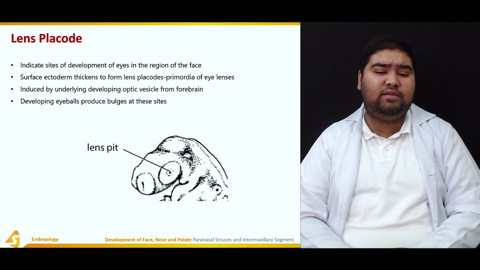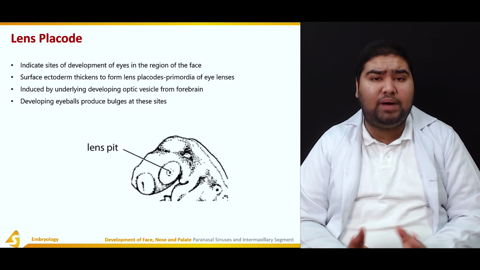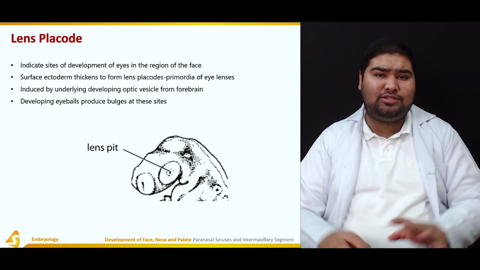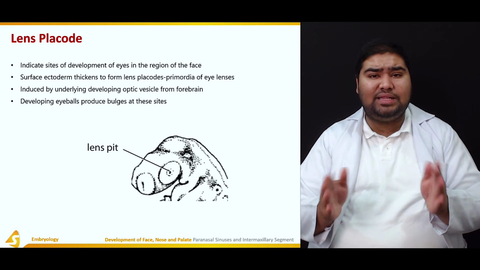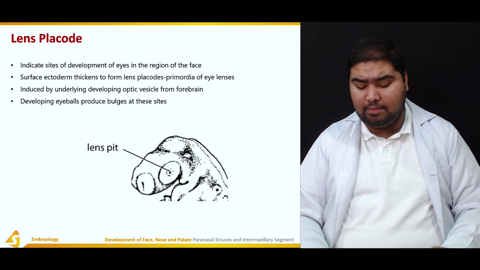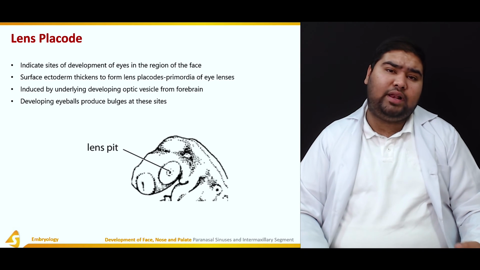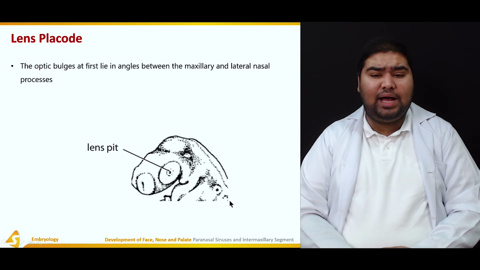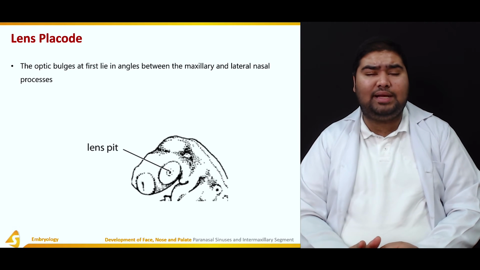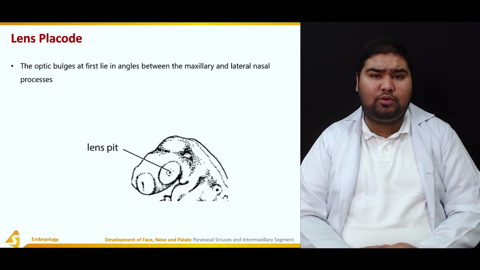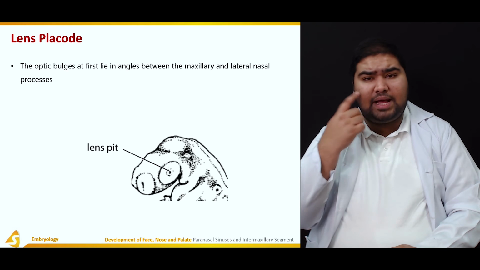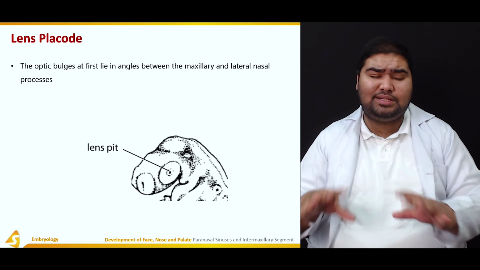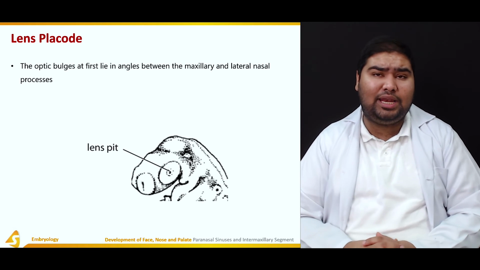The developing eyeballs produce bulges at the sides of the embryo. The optic bulges first lie in the angle between the maxilla and the lateral nasal process. So this is the area where the lens placodes actually lie initially.